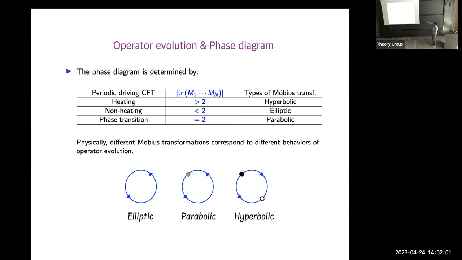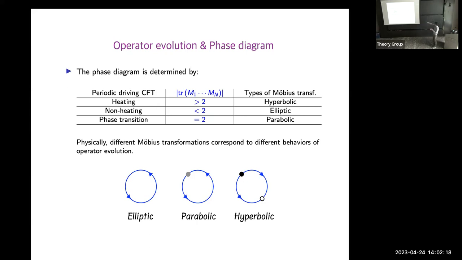Depending on whether this value is smaller or bigger than 2, we can have two different phases. We can have one heating phase and one non-heating phase with some phase transition. Let me give more details as follows.